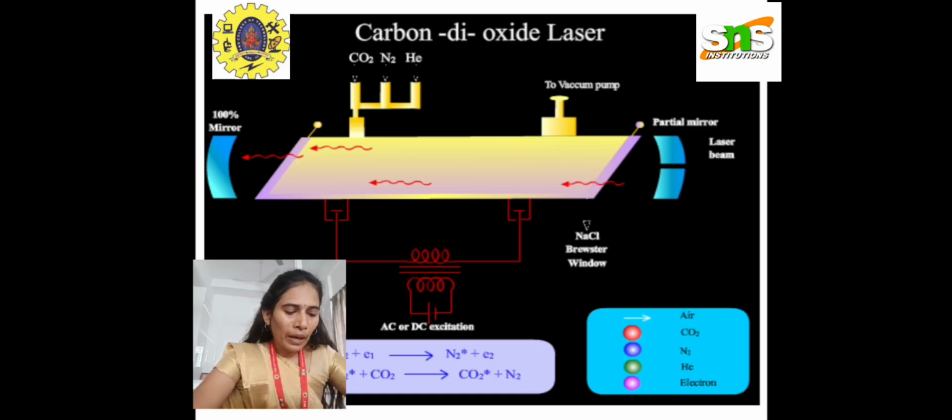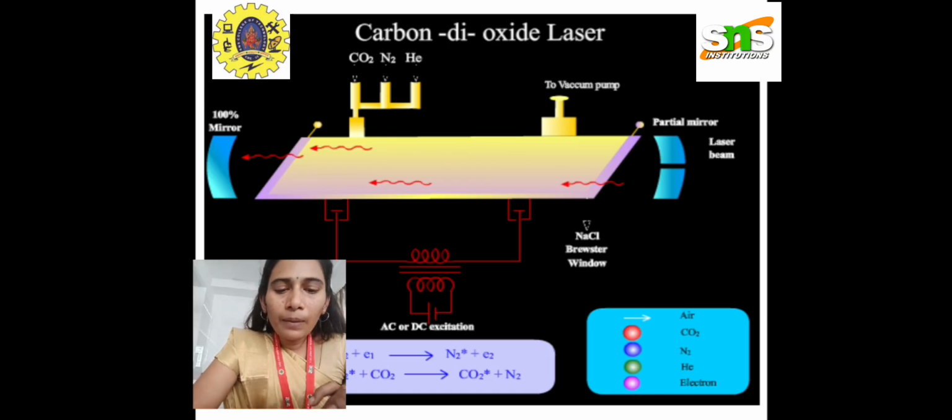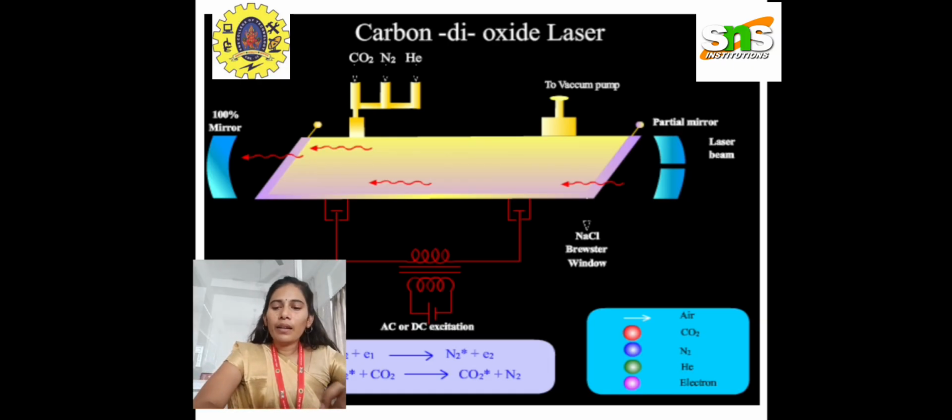The discharge tube has 2.5 centimeter diameter and 90 centimeter length, and the discharge is produced by DC excitation. Sodium chloride Brewster windows are used at the ends. There are 2 concave silicon mirrors coated with aluminum, of which one is completely reflecting and the other partially reflecting, and they form the optical resonator.